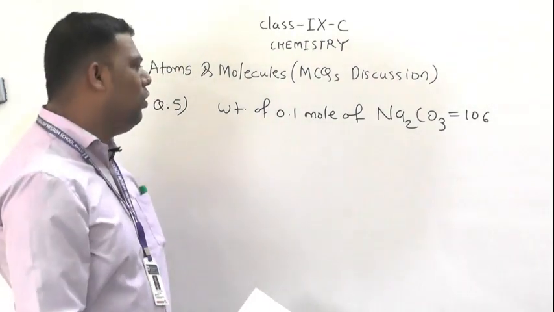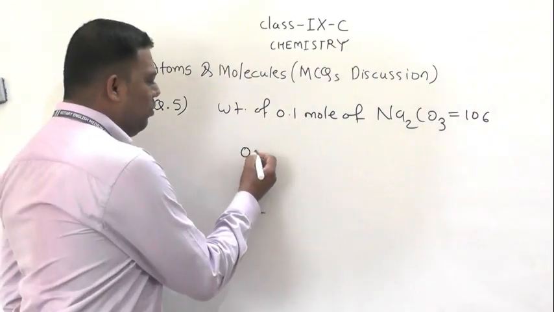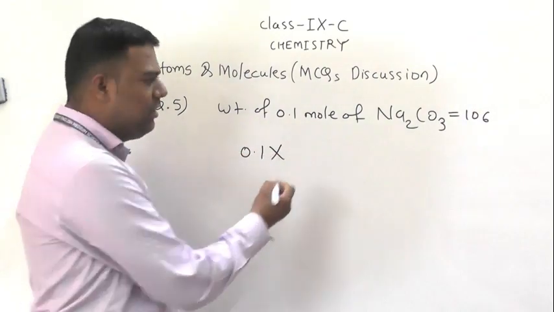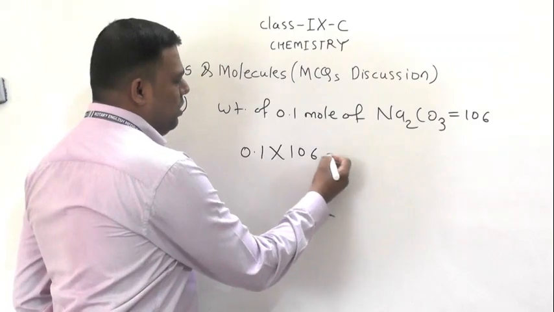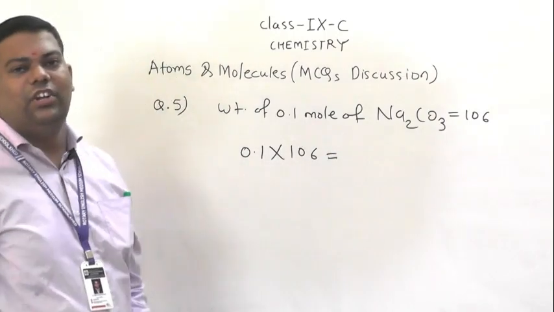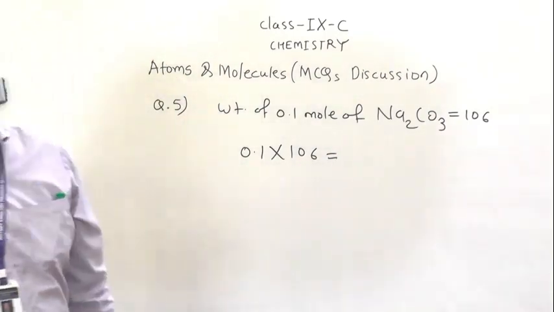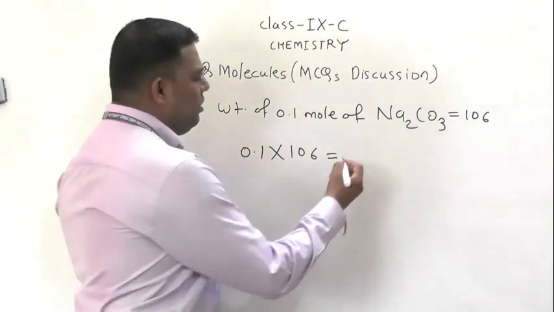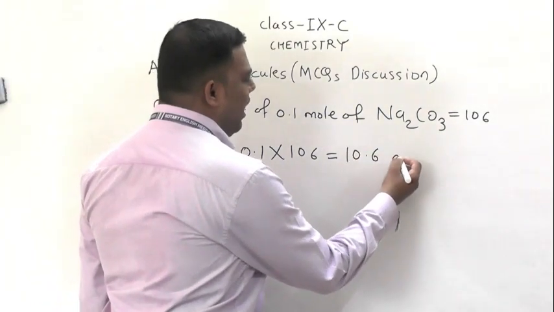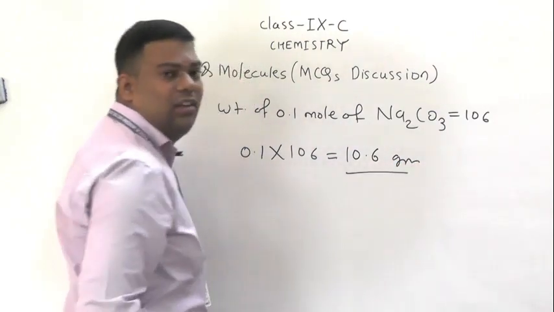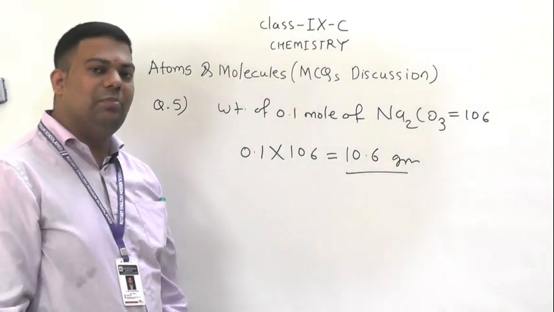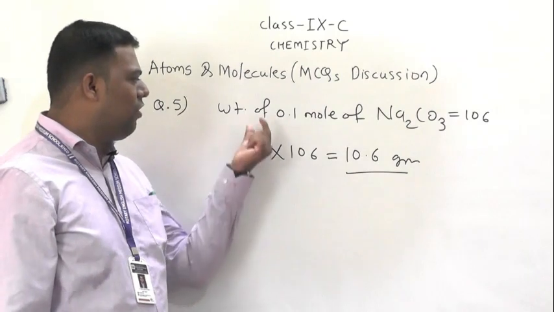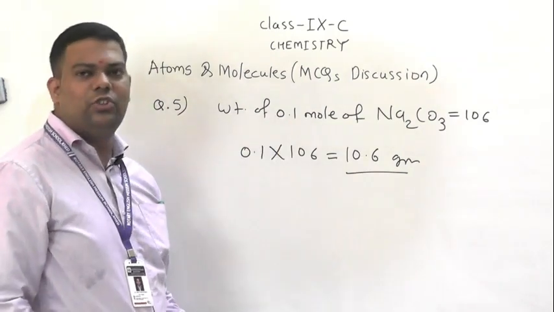Understood? So see, 0.1 they gave, so 0.1 into what? Simply 106. Okay, then you will easily get the answer, that is option C, 10.6 gram. Okay. So this is simply the calculation for the weight of 0.1 mole of Na2CO3.